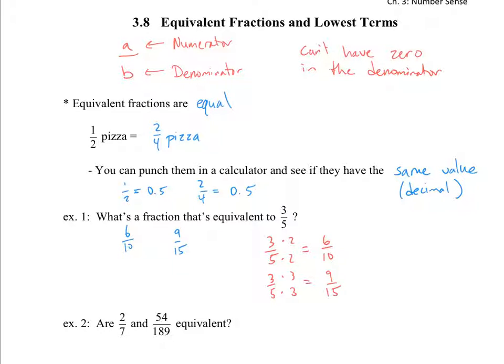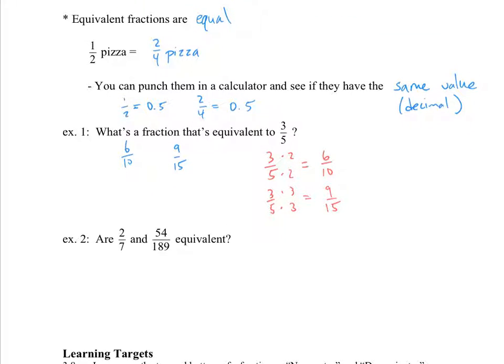So if it was like 6/10, and then we did times 24, I'd do it on the top and bottom. Okay. So we have a special name for 3/5 compared to 6/10 or 9/15. 3/5 is in what we call lowest terms.